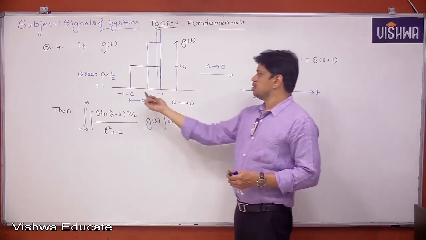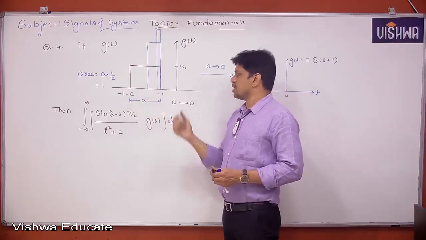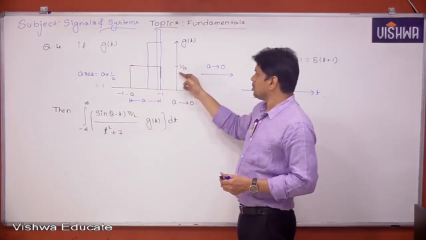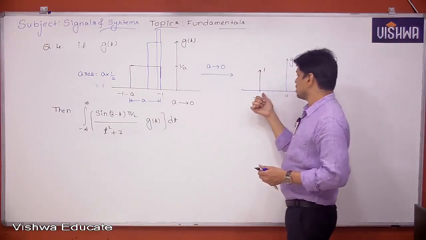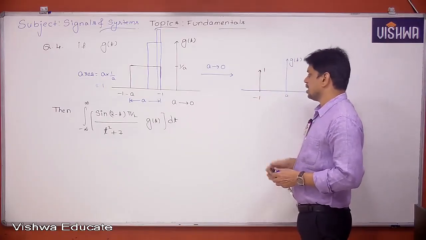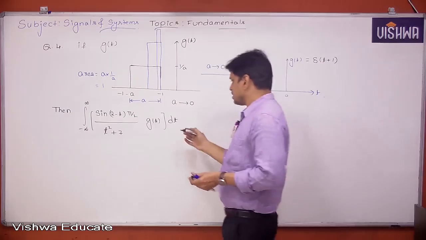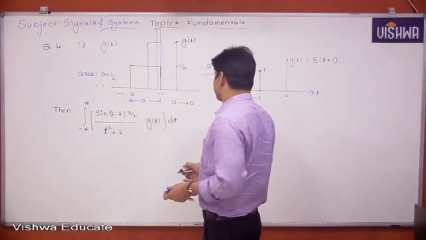Because as a tends to 0, the edges coincide, and 1 by a goes to infinity, but still the area is equal to 1. So I can rewrite this g of t as nothing but delta of t plus 1.